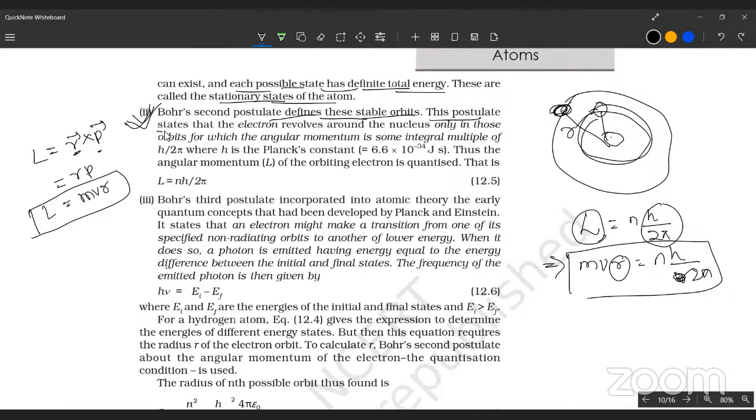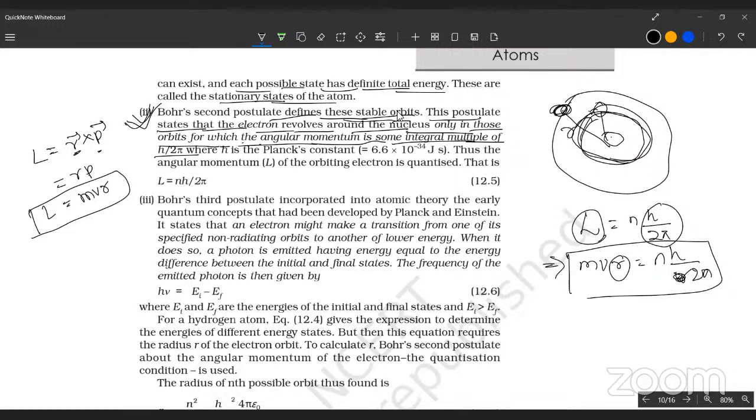This postulate states that the electron revolves around the nucleus only in those orbits for which the angular momentum is some integral multiple of h by 2 pi. Now, these stable orbits: what is the location of the orbits?